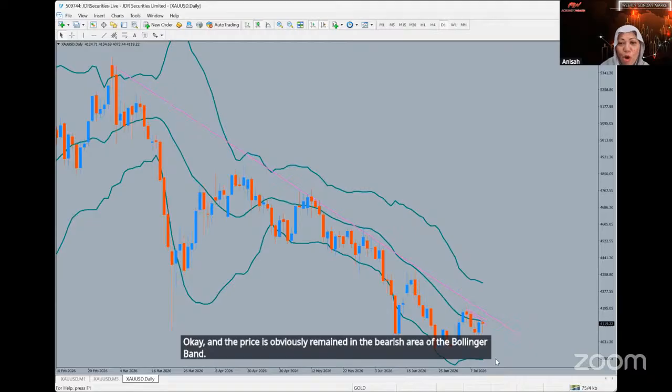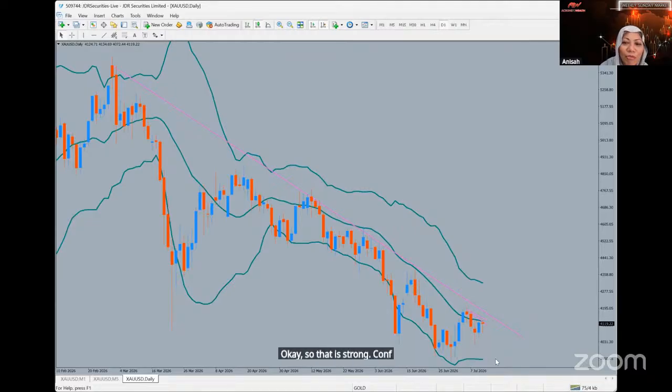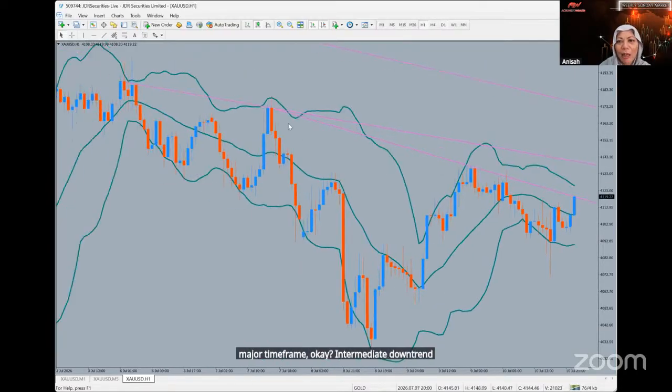So that is strong, confirmed, heavily bearish. These are for the major time frame. The intermediate is a downtrend as well, and has just picked up more momentum.